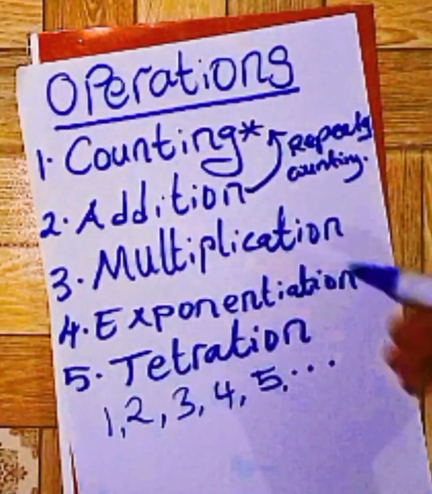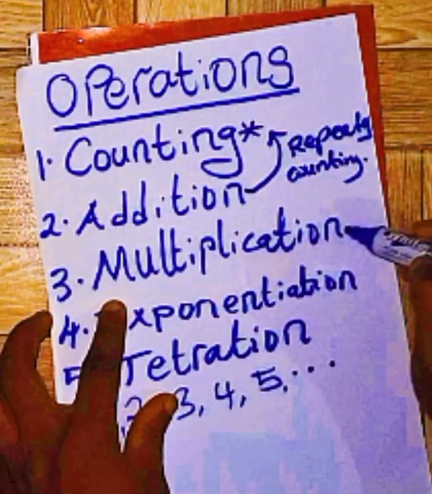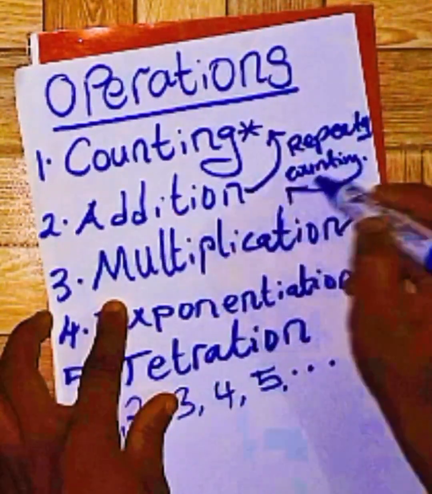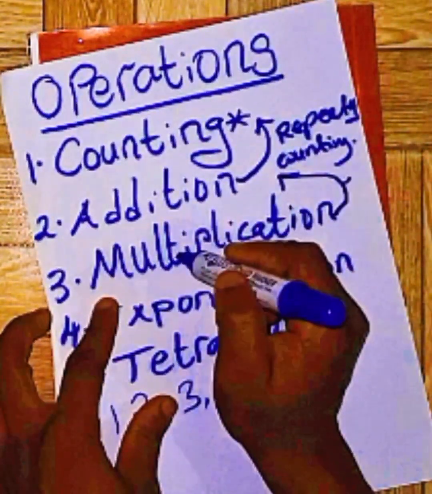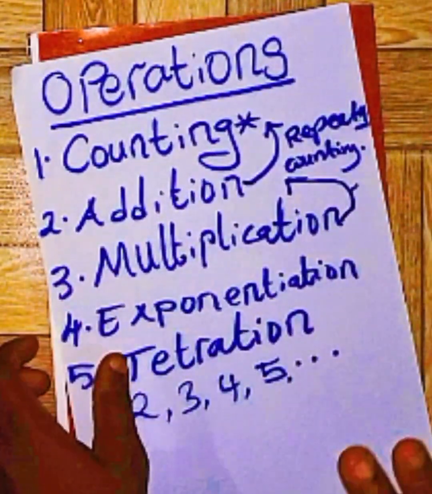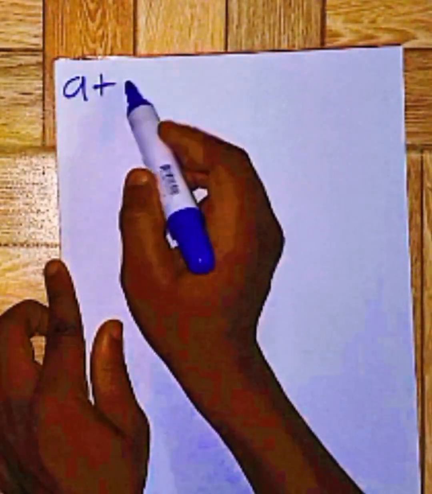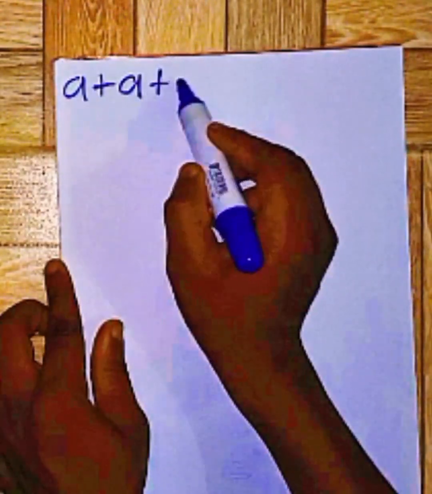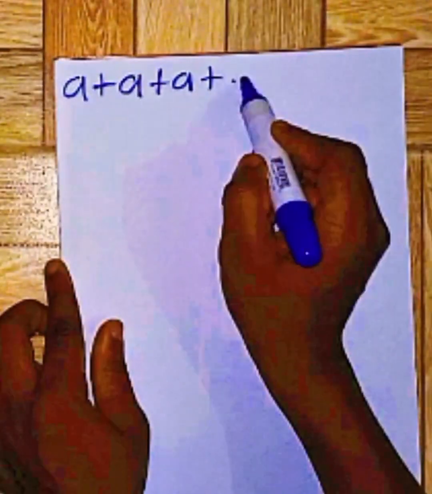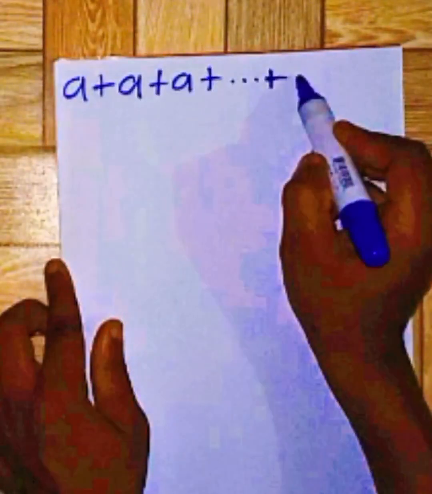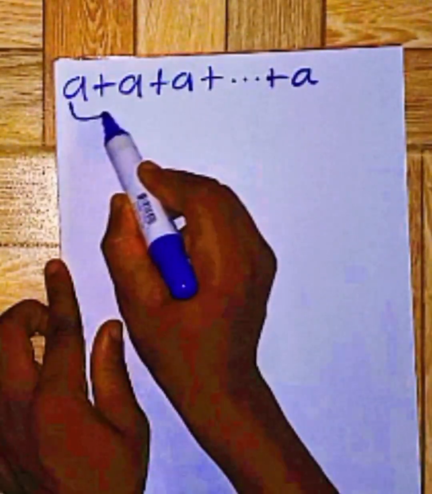Since we know addition is repeated counting, we would move to the next operation. The next operation is multiplication. Good. Multiplication is also repeated addition, and let me show you how that works. Let's say that you want to add a number, not to a different number, but to itself, and to itself, and to itself, until you get a lot of them.